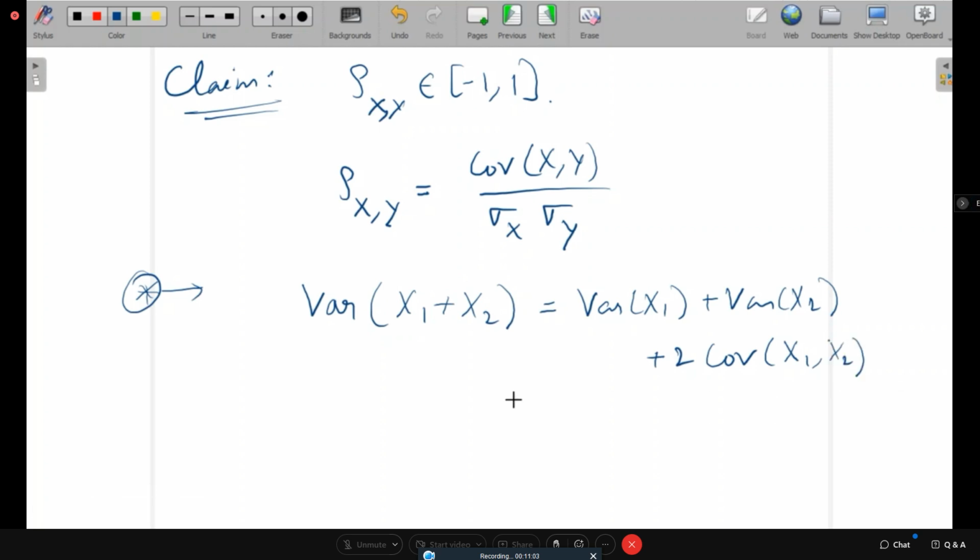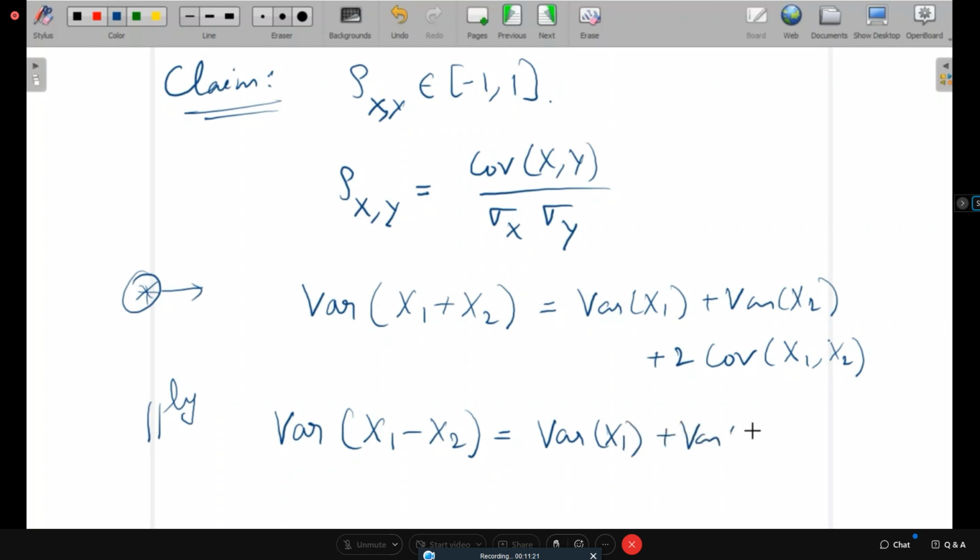Similarly, you can show that variance of x1 minus x2, the difference, is going to be variance of x1 plus variance of x2 minus 2 times covariance of x1 comma x2. So the only change: here is minus, there is minus; whenever here is plus, there is plus.